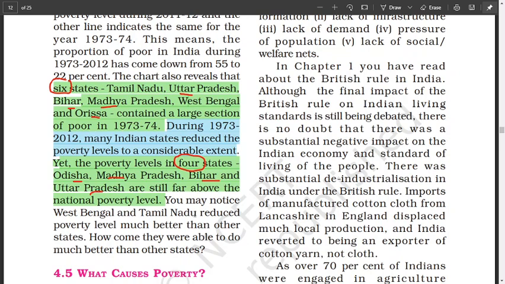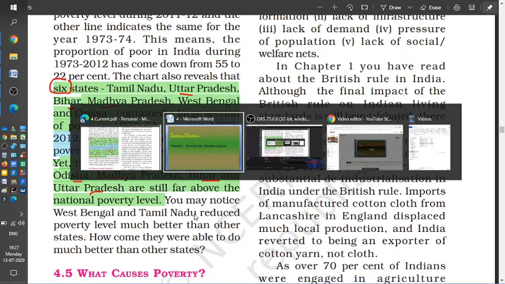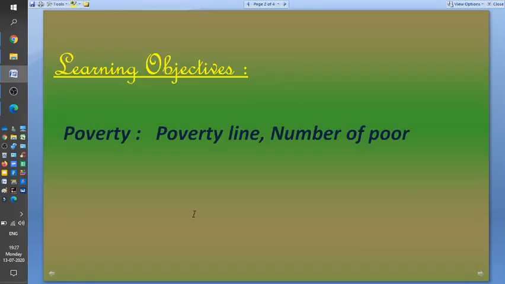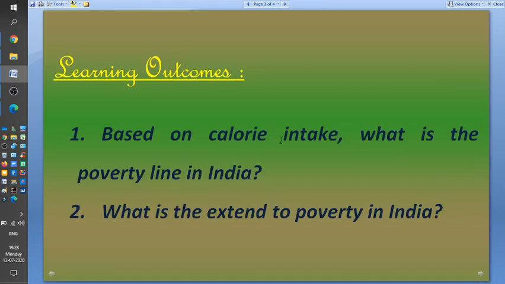So that's what we wanted to learn today about the poverty line, and also the absolute number and the percentage of poor people in India. Number one, what is the poverty line based on calorie intake, and number two, what is the extent of poverty in India.